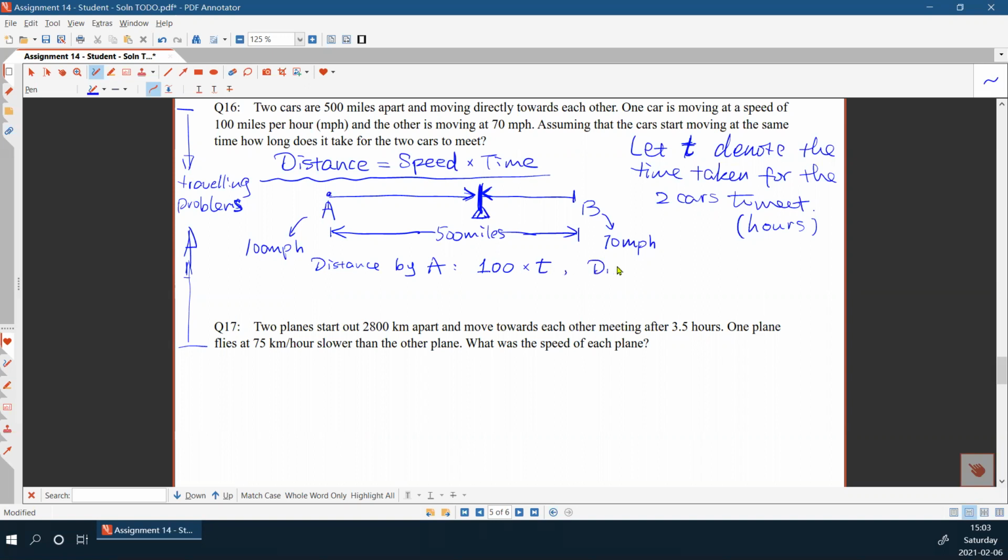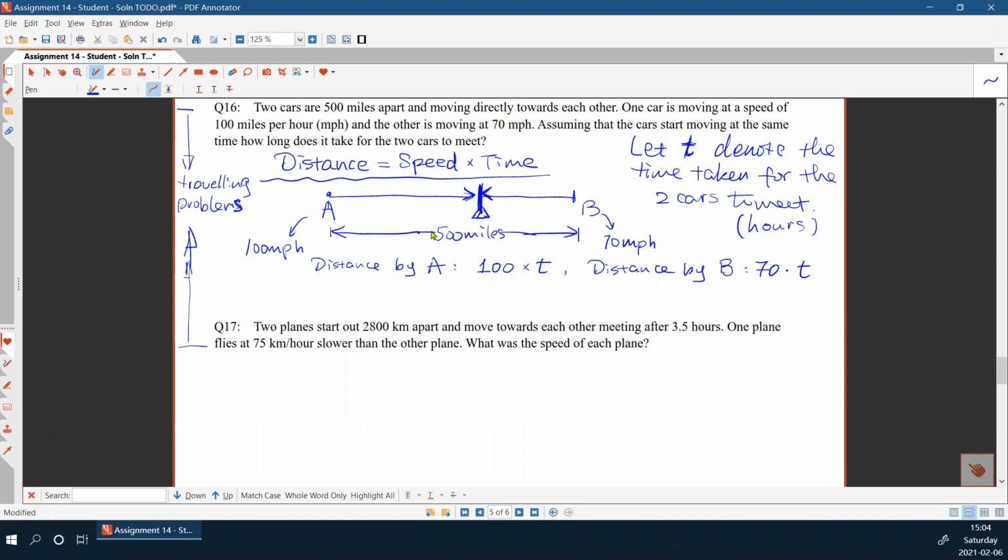And also, what's the distance traveled by B? It should be B's speed, which is 70 mph, times time taken, which is t, right? And we also know that the distance traveled by A plus the distance traveled by B is 500 miles, right?